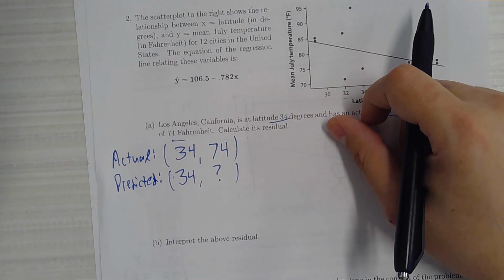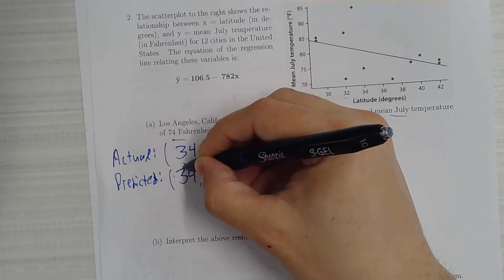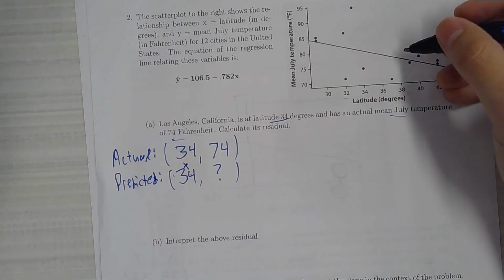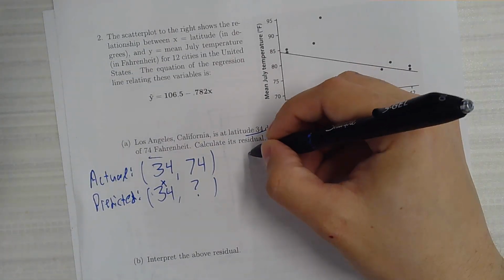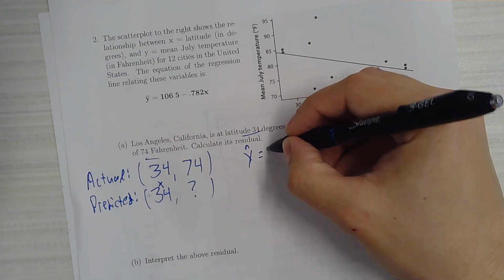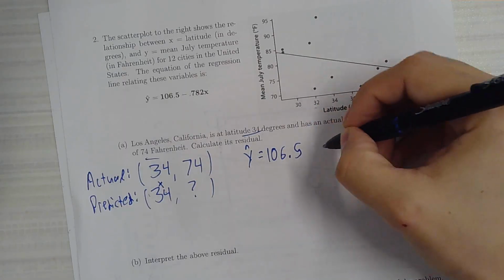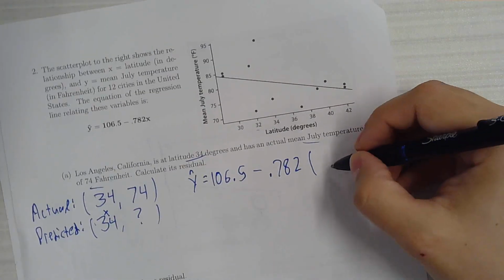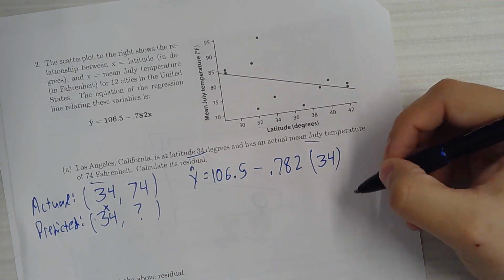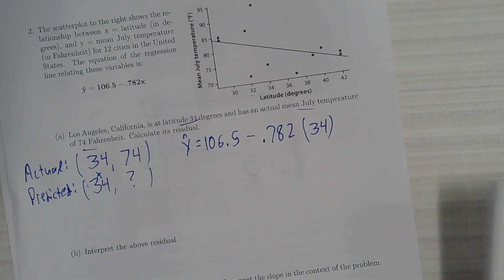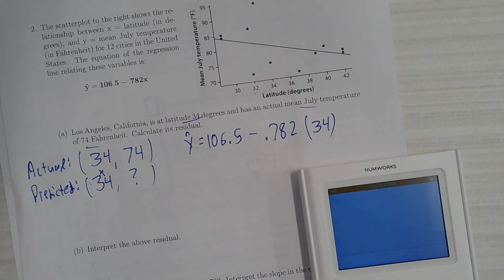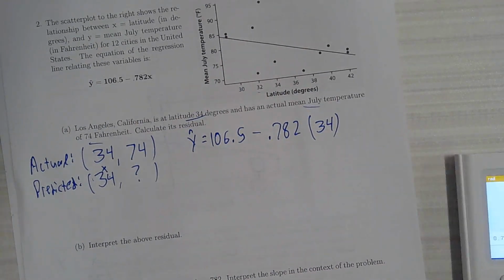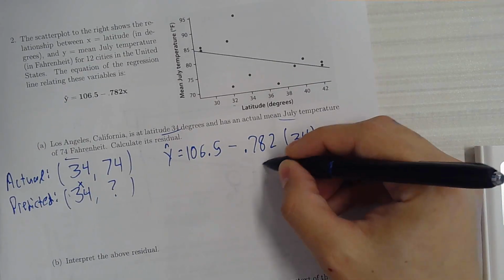So, in order to make this prediction, I have to plug this x value right here into that equation to see what we get for the prediction. So let's do that now. Y hat equals 106.5 minus 0.782 times 34. Okay? Now, go ahead and get your calculator. 0.782 times 34, 26.588.